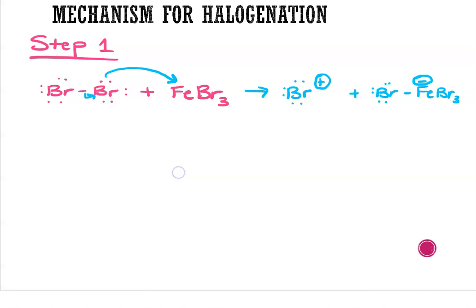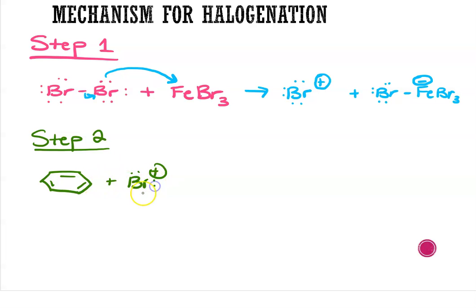So now that it is a positive ion, our second step is that our benzene is going to reach out and grab that positive thing. So we have benzene here. All right, so our benzene is going to react with this positive bromine. So basically what happens is that this double bond here is just going to reach out and grab hold of that. So we end up with this situation here.